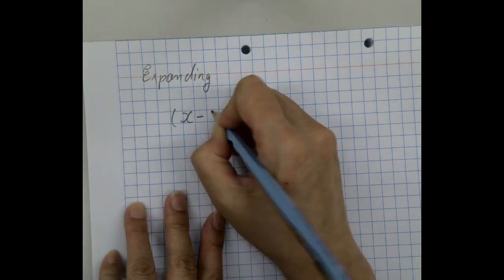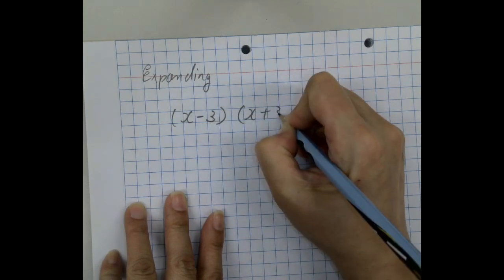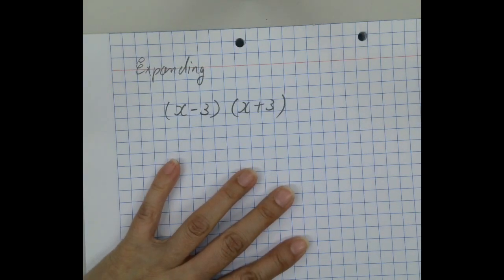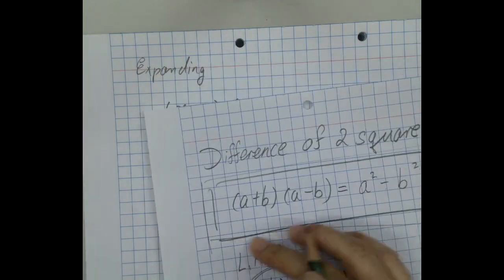So we have (x minus 3)(x plus 3). We need to check whether the difference of two squares could work.